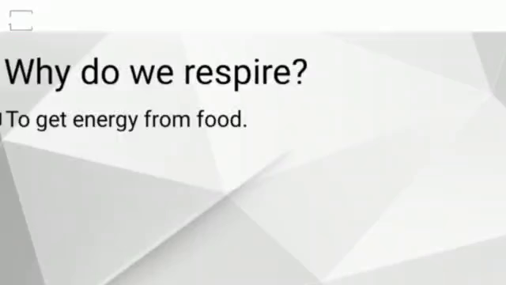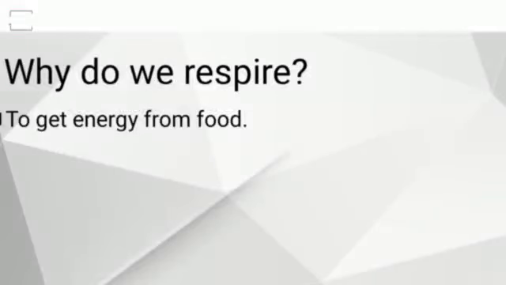Now we can say breathing. We breathe in air. You know that air contains oxygen, which you learned in 6th standard. So we breathe in oxygen and breathe out carbon dioxide. We breathe out air which is rich in carbon dioxide. The air we breathe in is transported to all parts of the body, and we can say ultimately to all cells.